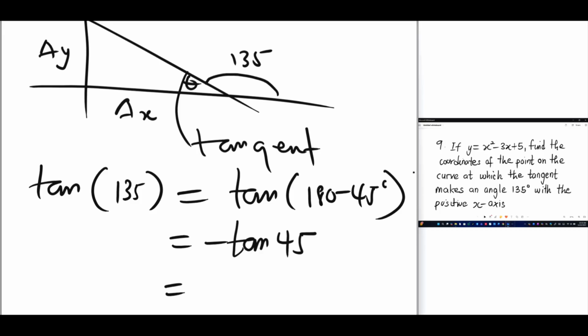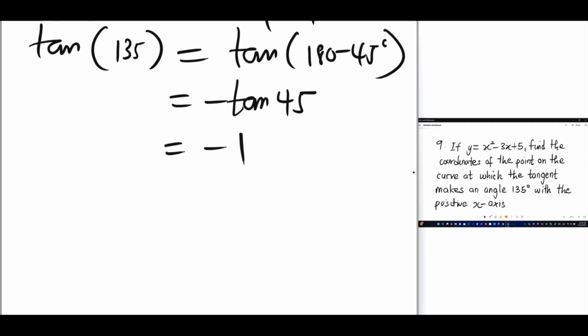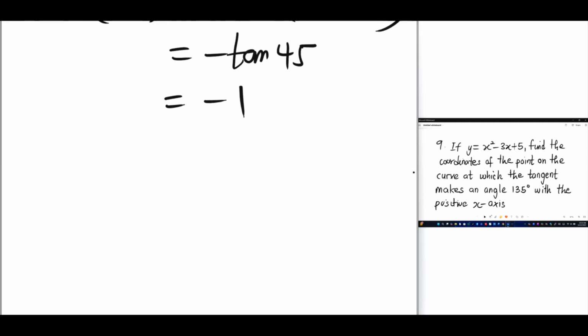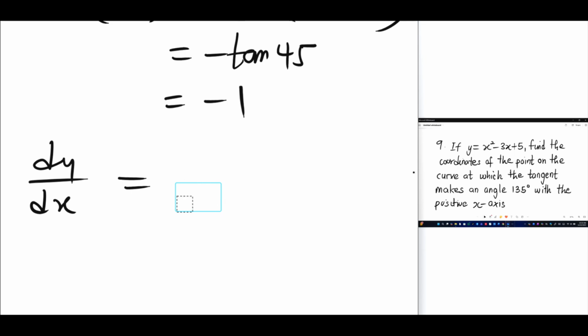So we get -1 as the slope of the tangent to the curve. At the point where the tangent meets the curve, they have equal gradients. So our dy/dx, which is the gradient function of the curve, must be equal to the gradient of the tangent where they meet, equal to -1.